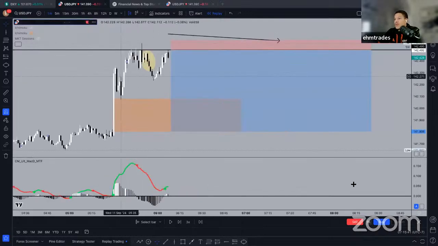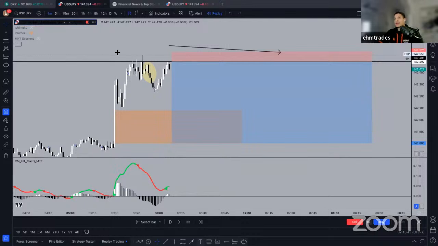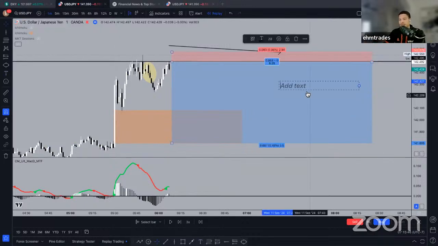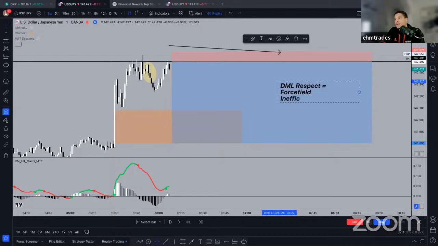And I'm gonna just write out the three things that I like from here, right? So we have decision making level respect, force field, right? We have inefficient price action below, right?